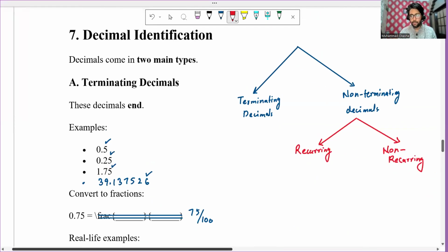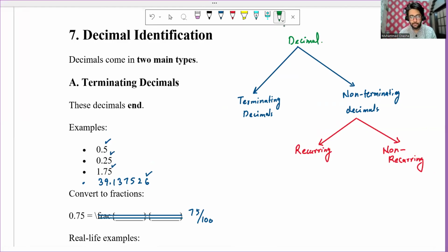I'll talk about recurring in a while. But if you have a decimal that is a terminating decimal, which means it stopped at a certain point, it is a rational number.